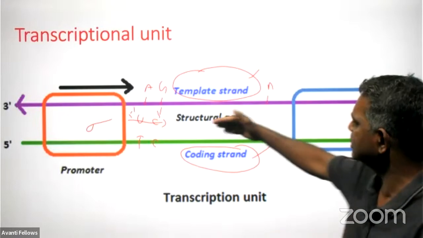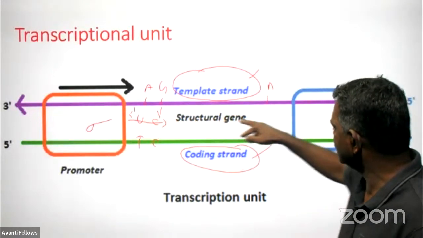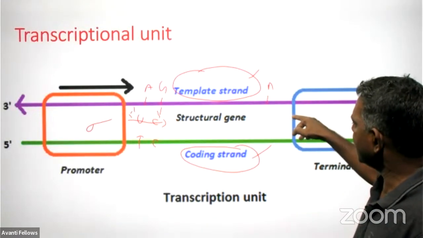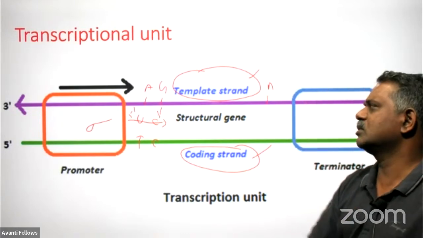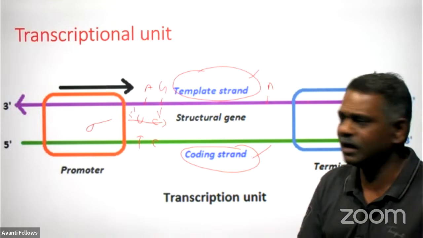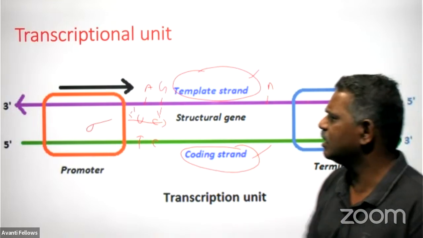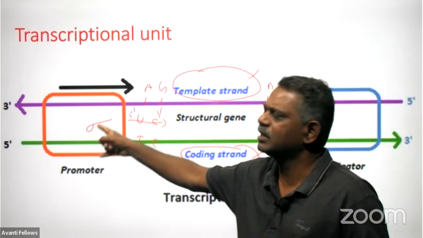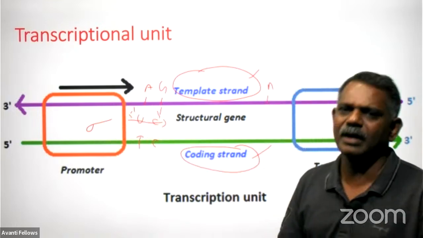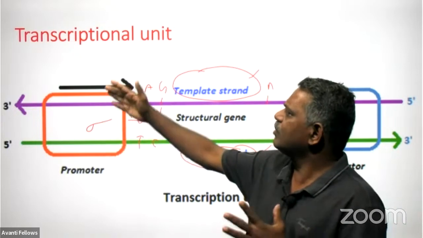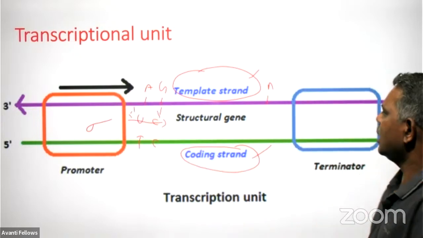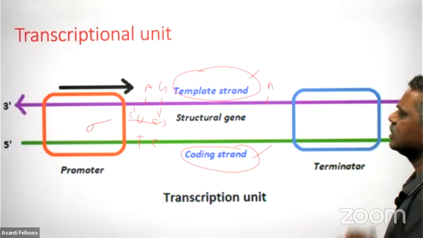So whenever the RNA elongates and reaches the terminator, the RNA polymerase enzyme detaches and stops the process of elongation and transcription. And the sigma factor helps to attach the RNA polymerase enzyme. That is why it starts from the promoter region, and it is stopped in the terminator region.